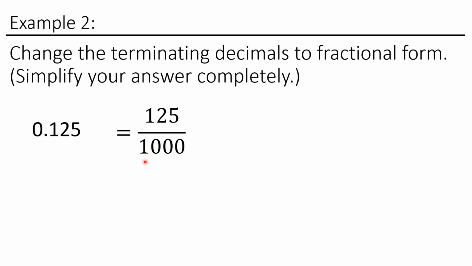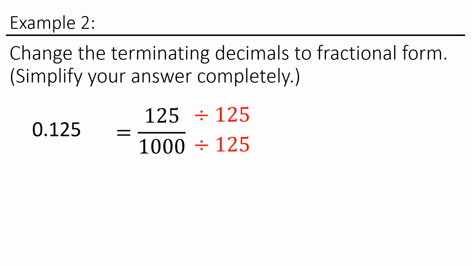Now, this is not in simplest form, and the reason I know this is that I can divide the numerator and the denominator by a common factor. In this particular case, I can divide top and bottom by 125. Now let's just say you didn't know that you could divide by 125, but you knew that you could divide by 5.